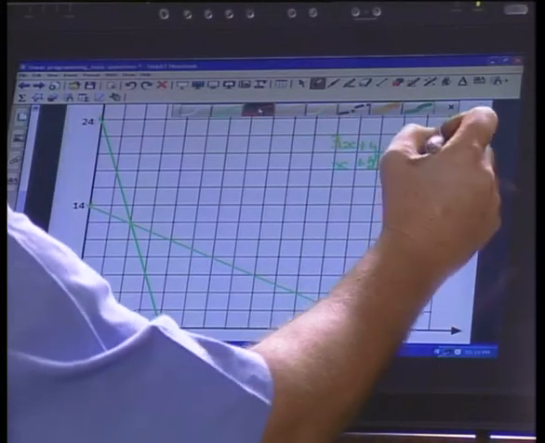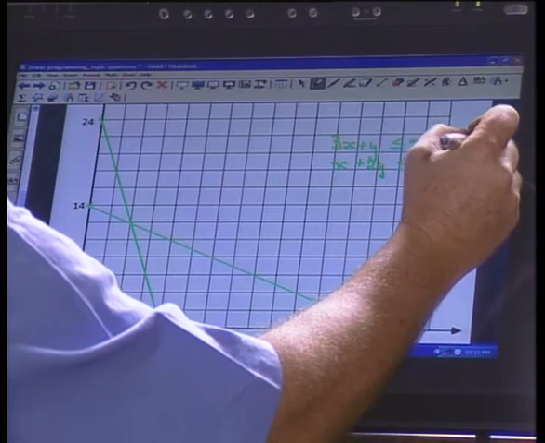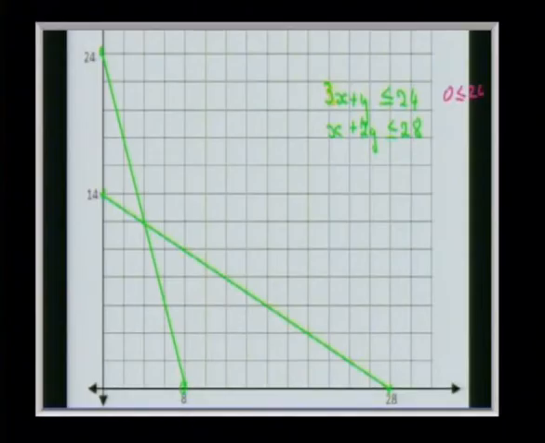If you multiply by 0, you get 0. So if I put 0 into my first inequality, is 0 less than or equal to 24? Yes. So it must lie below this line over here, because it does lie in that region.